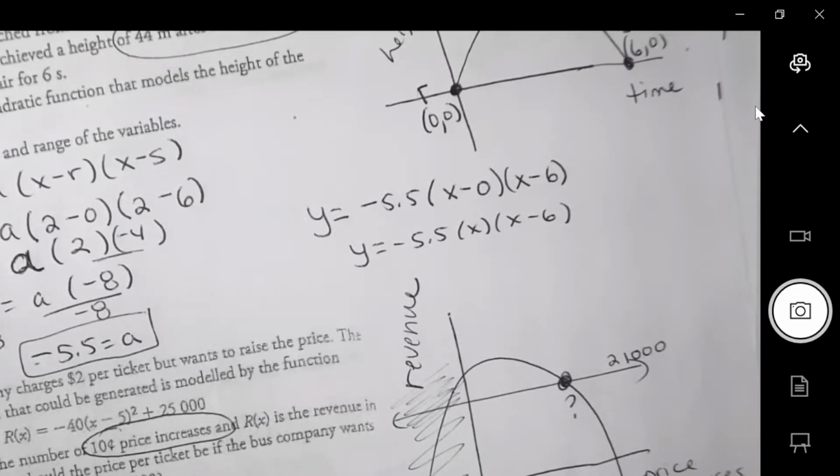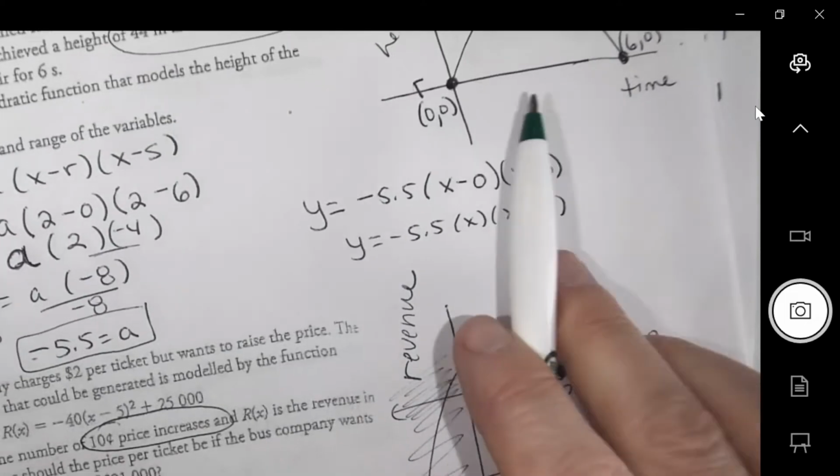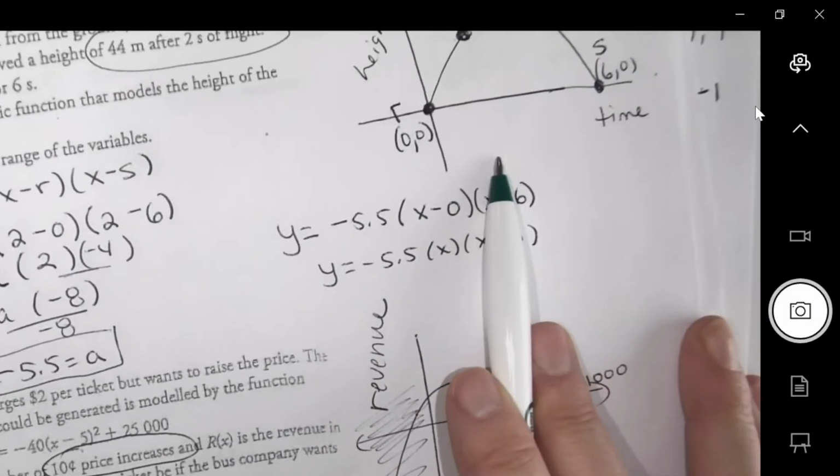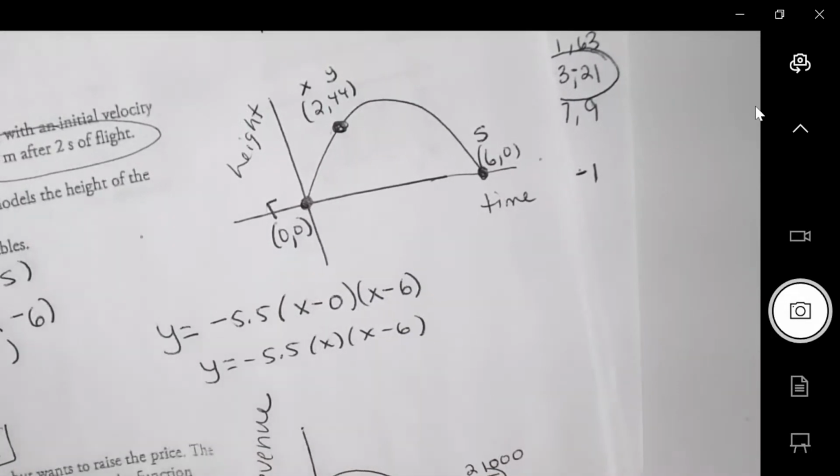Okay, now at this point you can go to your calculator, right? That's the hard part, is making the equation. So let's see what we get. Okay, what do you think our x should go to? Negative 10 to 10 is probably fine for x, right?